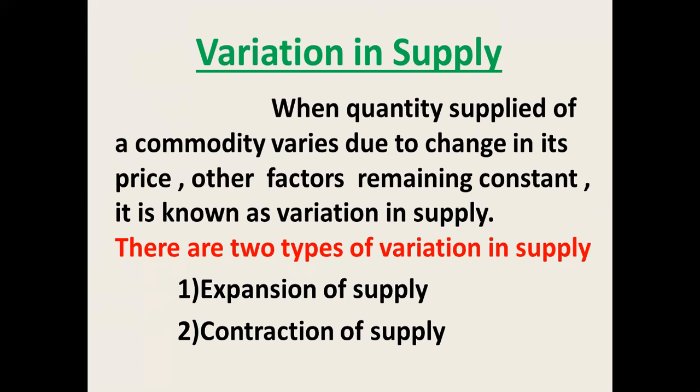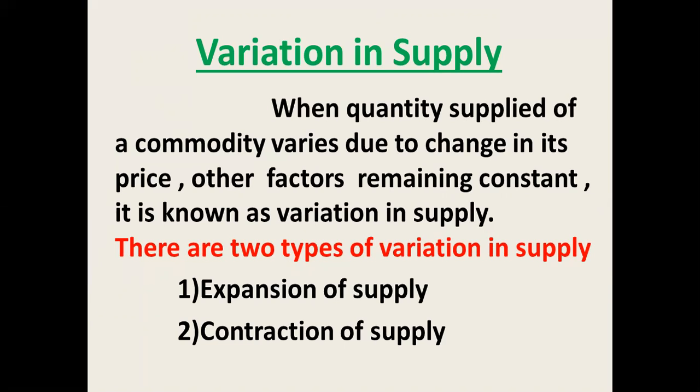So there are two types of variation in supply. Basically, we assume the other factors remain constant, and only price changes. That's why the quantity supplied of a commodity also changes.